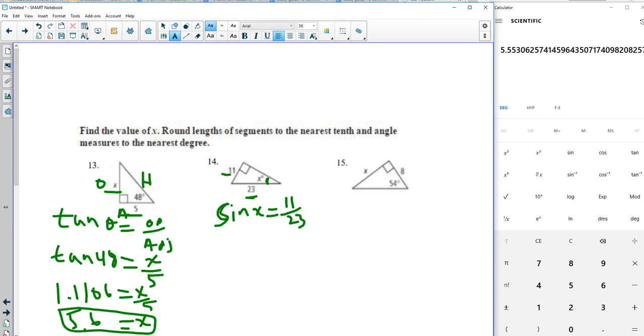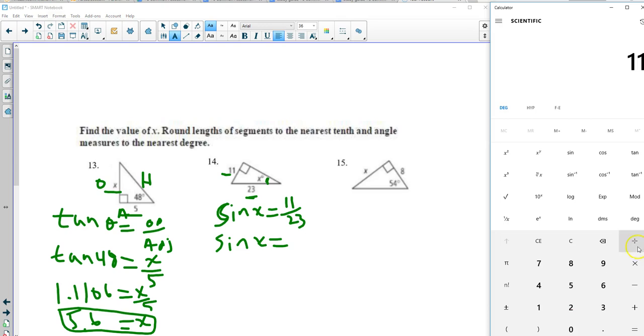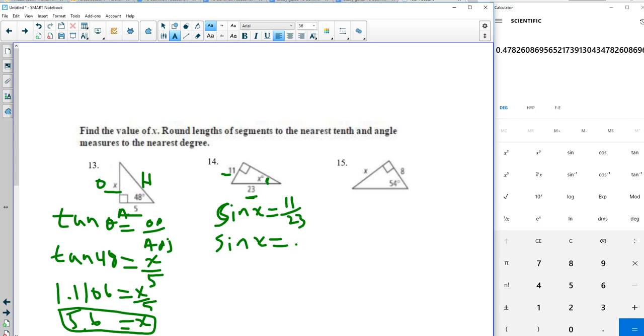Since we're looking for an angle, we have to use the sine inverse. But before I do that, what's 11 divided by 23? 11 divided by 23 is 0.4783.